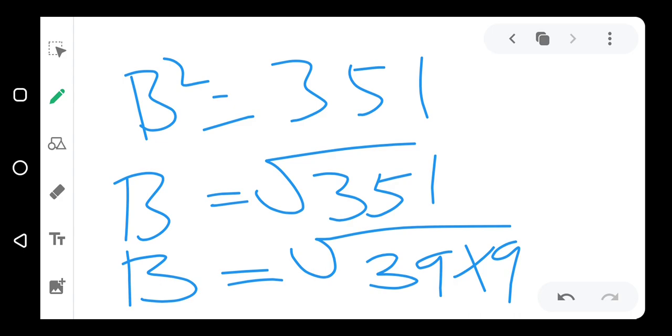Or if we have our calculator, we can find the value of the roots and write it. But if you don't have a calculator, we just leave it that way.